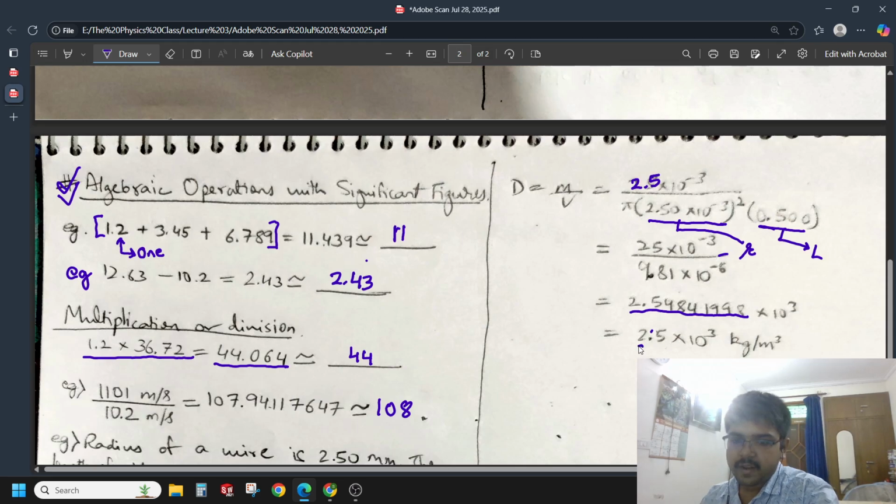So we have 2.5 into 10 to the power 3 kg per meter cube. So that is the density of the object, correct to two significant figures.